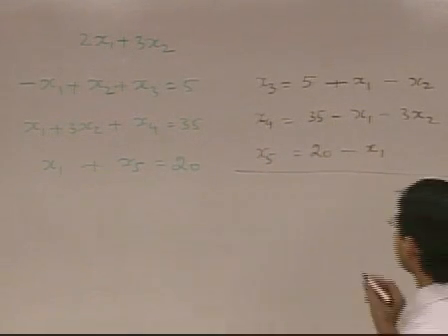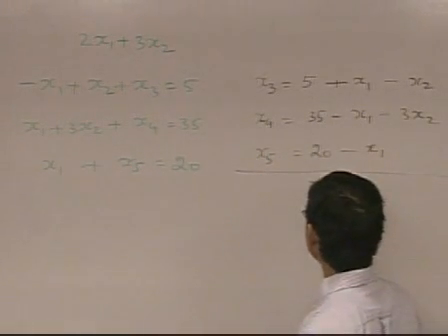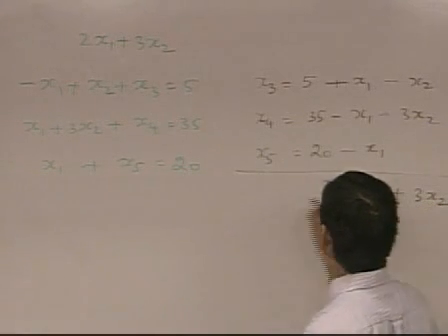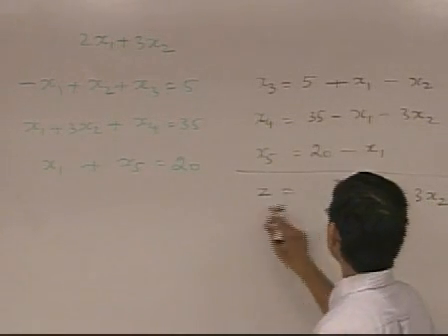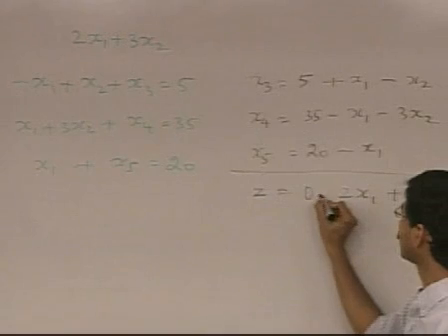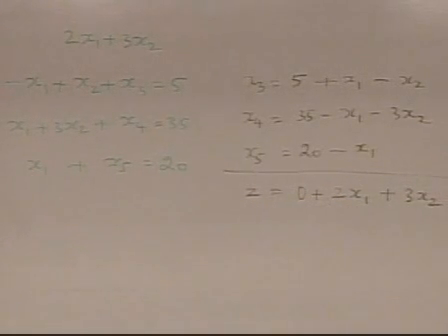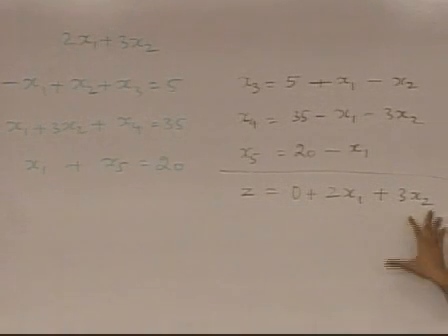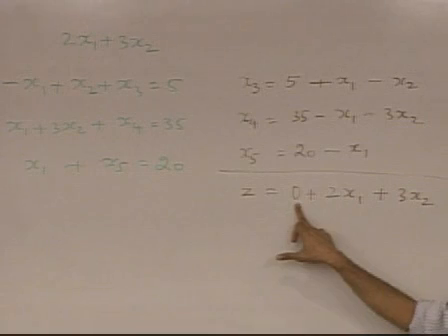And of course, I just want to keep track of my objective function. Let me say that my objective function depends on x1 and x2 in the following way. It's actually 0 plus 2x1 plus 3x2. And therefore, when I set x1, x2 to 0, I have 0 as my objective value.